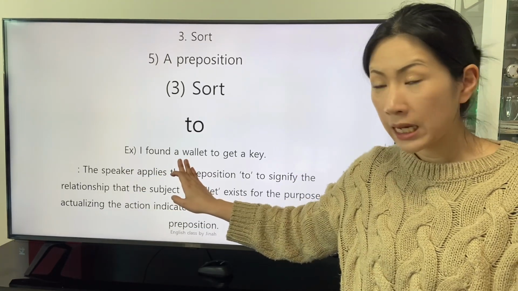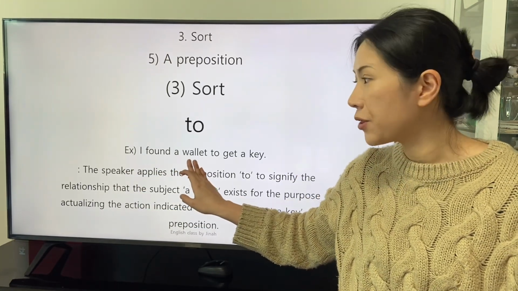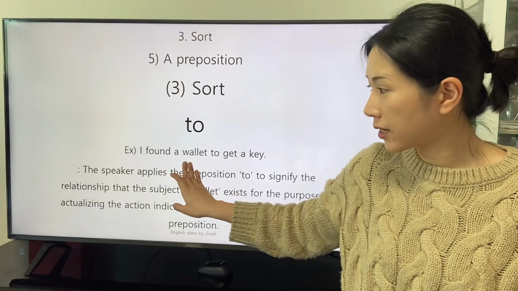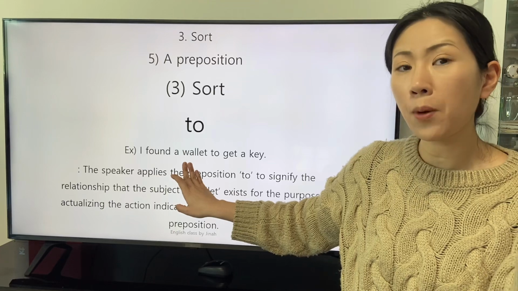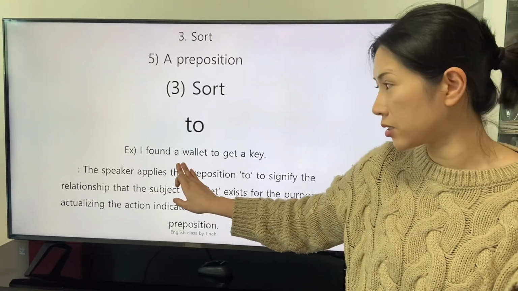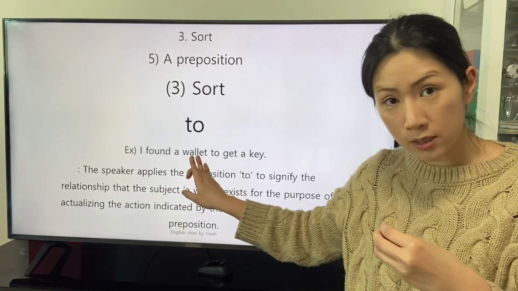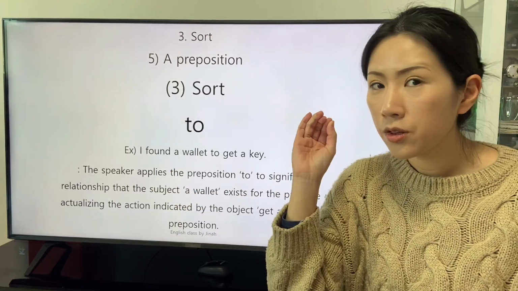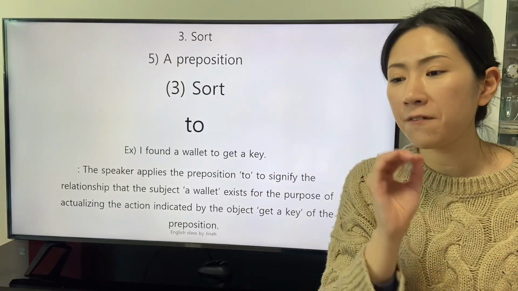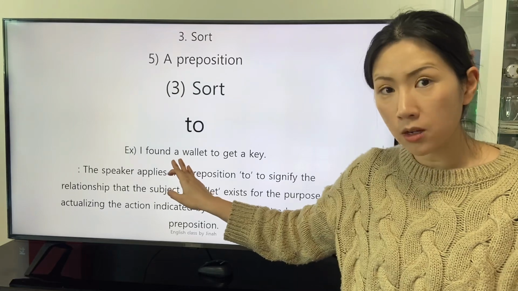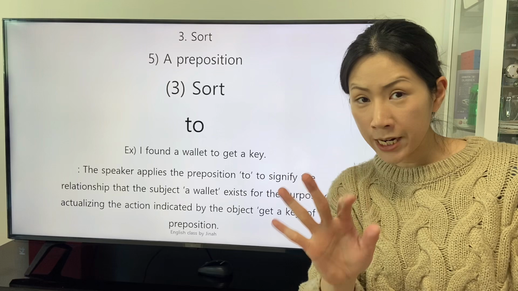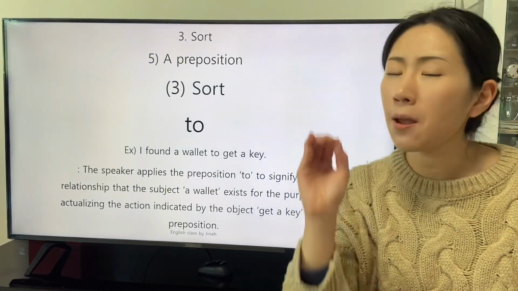At the point in the past when the subject of the preposition to existed, the subject existed with the purpose. The purpose of the existence of the subject, a wallet, is not about the same point in the past. The purpose is to be actualized later than the point in the past.